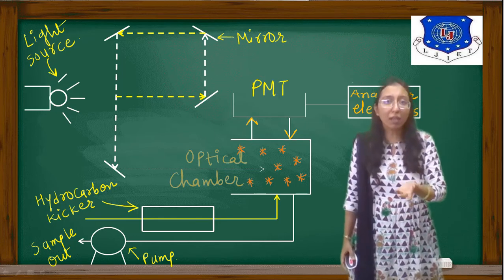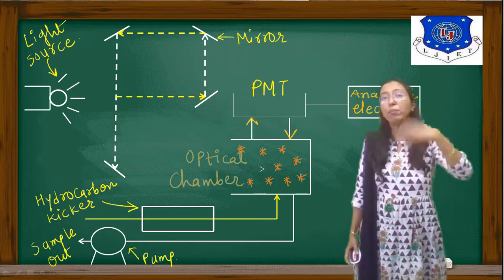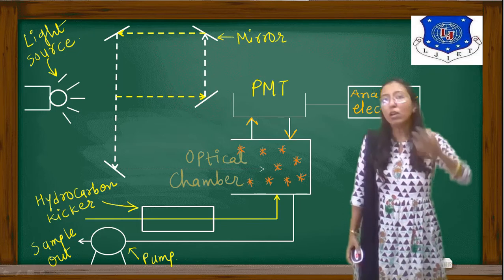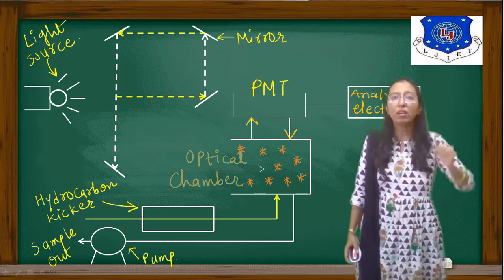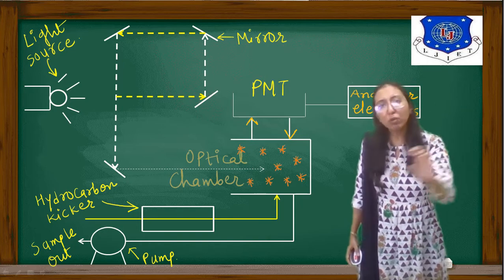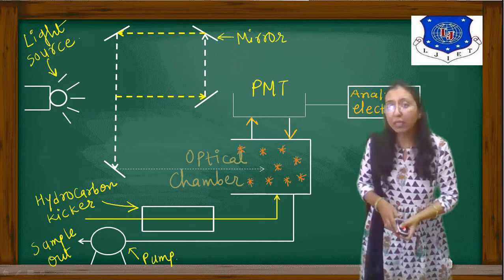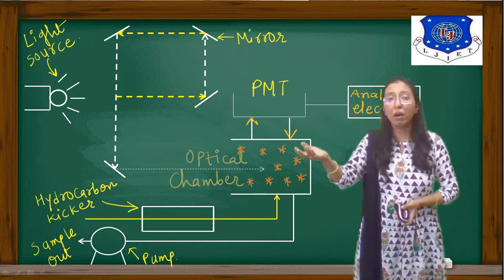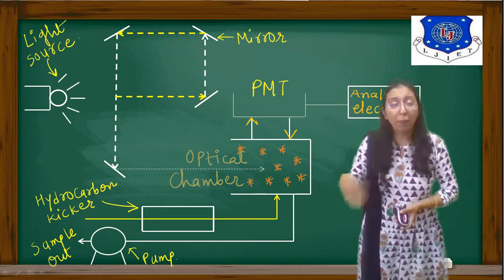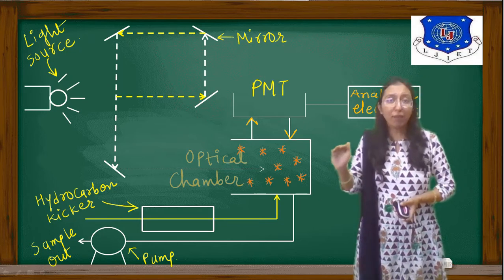Why are we using mirrors? Because SO2 excites at one particular wavelength, so we use four mirrors here. First the sample goes to the hydrocarbon kicker, then to the optical chamber, where SO2 is excited at one particular wavelength.